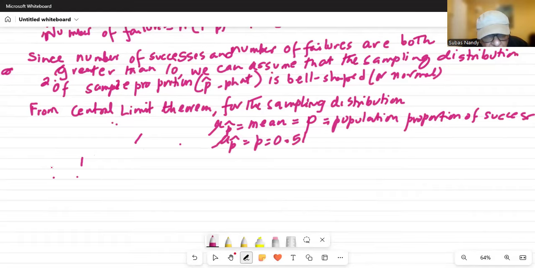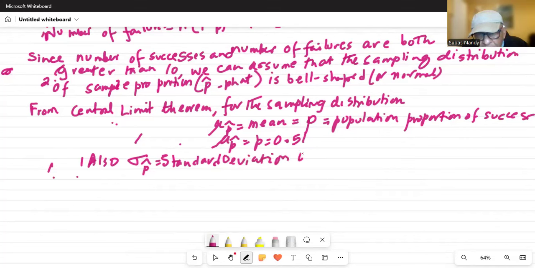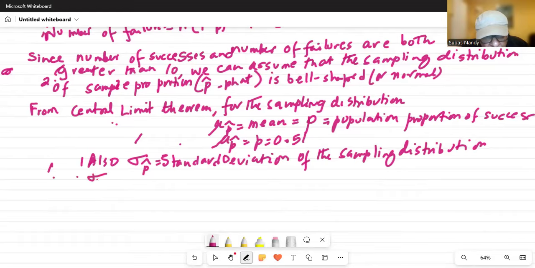Also, sigma p hat, which is the standard deviation of the sampling distribution, is sigma p hat equal to the square root of p times 1 minus p over n.